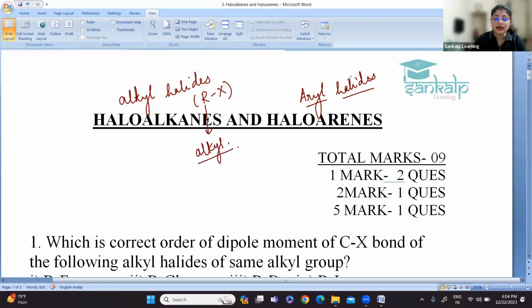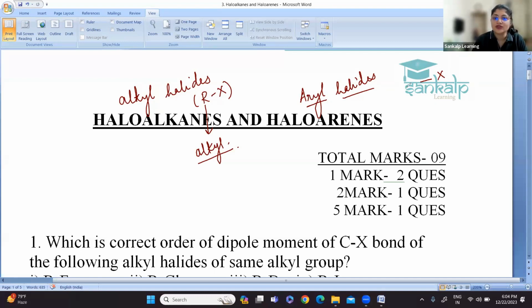Fine. Now, what are aryl halides? Here the halogen atom is attached to aromatic hydrocarbons. What do you mean by aromatic hydrocarbons? Aromatic hydrocarbons are those which are made up of benzene rings, benzene compounds. So benzene compounds are called aromatic hydrocarbons, right?